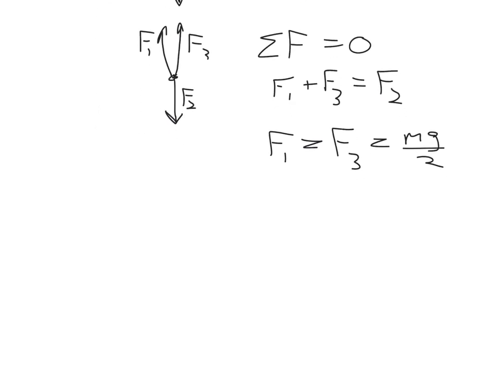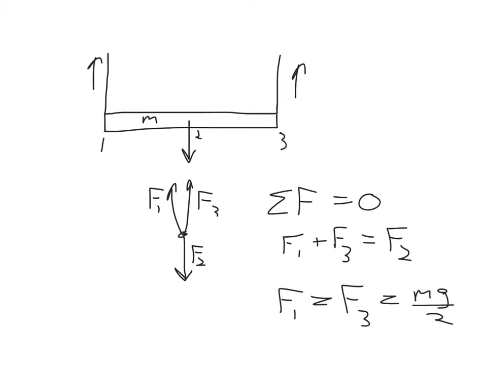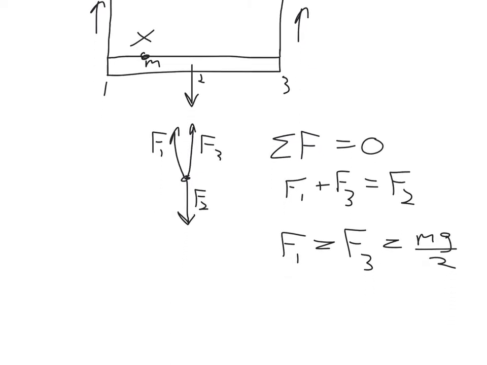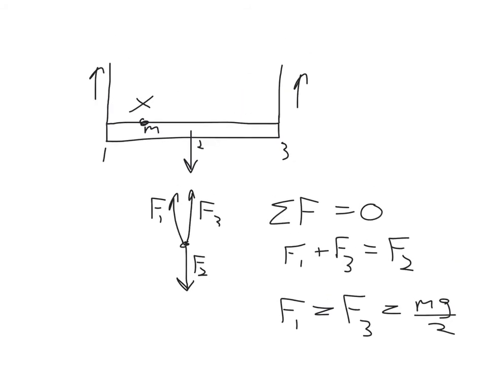Now, let's do the torque equation. For the torque equation, we have to pick a pivot point. It doesn't matter where you put your pivot point. In fact, we're going to prove that it doesn't matter. So I'm going to pick some point on the rod right there, which is point X. Let's do the sigma torque about point X. We have a clockwise torque at position 2, a counterclockwise torque at position 3, and a clockwise torque at position 1.